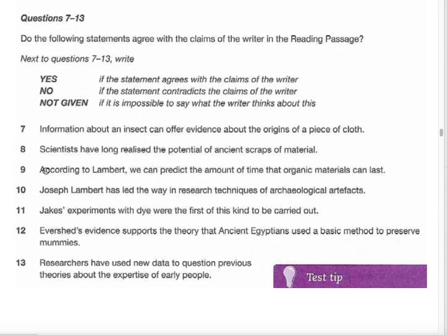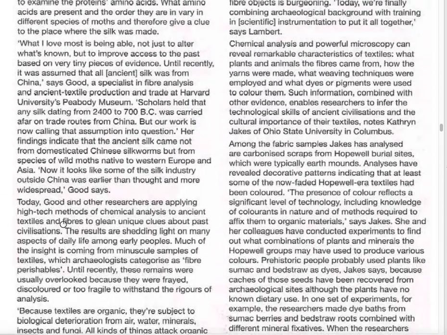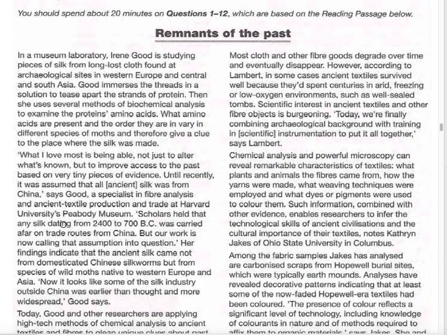I read those 3, and now I'm going to go to my reading. You're going to follow along with me. I'm not going to read it all for you. I'm just going to scan it, because that's all we need to do. Of course, I can scan very fast because English is my first language.